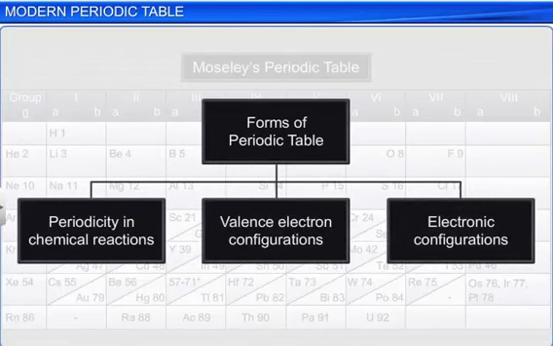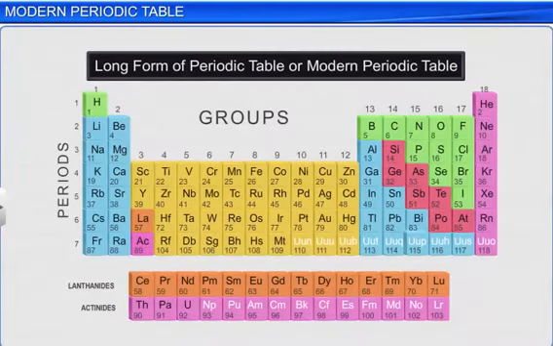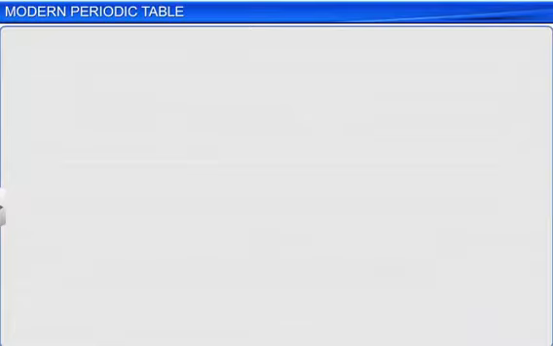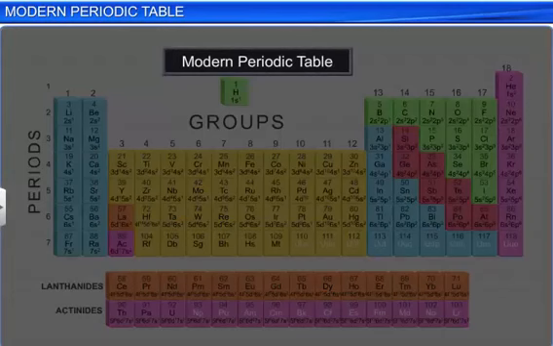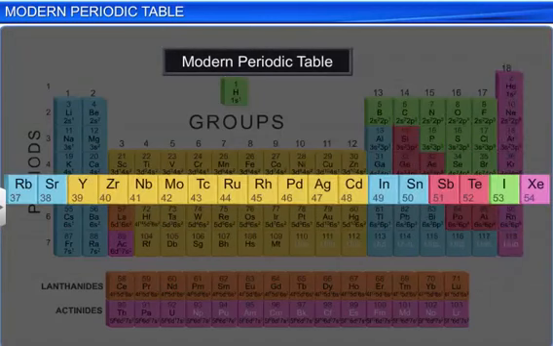Of all these periodic tables, the long form of the periodic table, which is synonymous to the modern periodic table today, is the most convenient and widely used table. It arranges the elements in horizontal rows and vertical columns based on atomic numbers, while keeping electronic configuration as the basis for periodicity in the properties of elements.